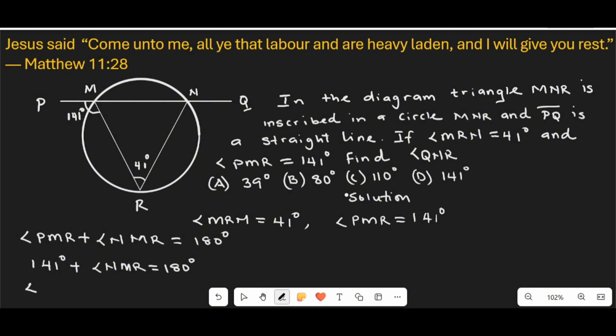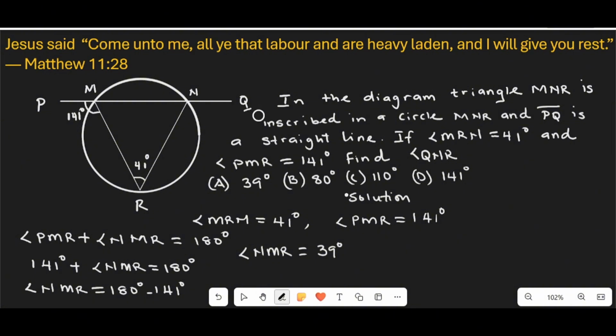So angle NMR equal to 180 degree minus 141 degree. So angle NMR equal to 39 degree.